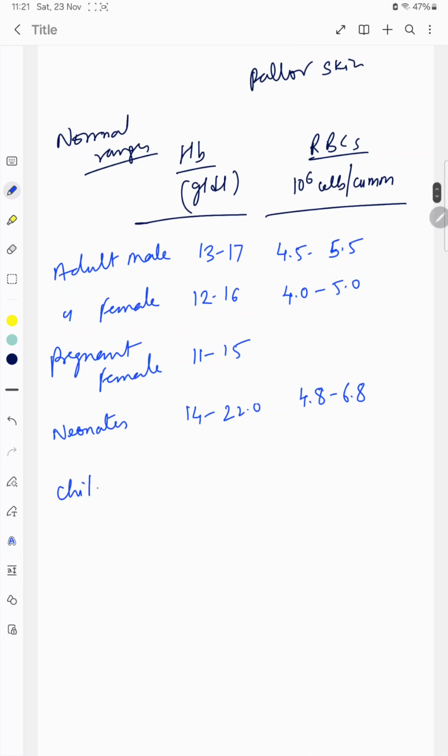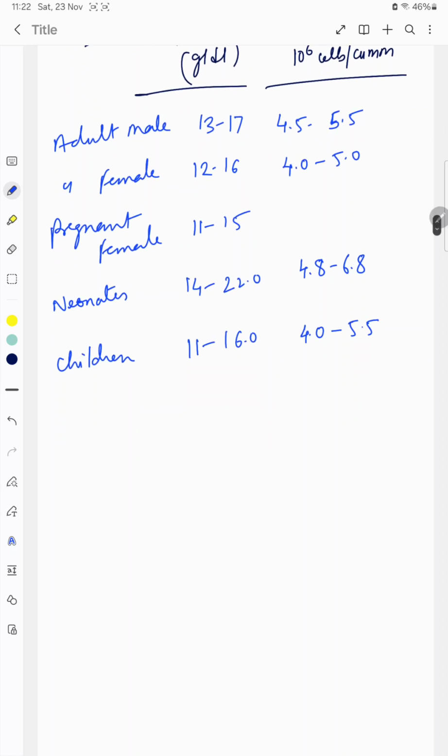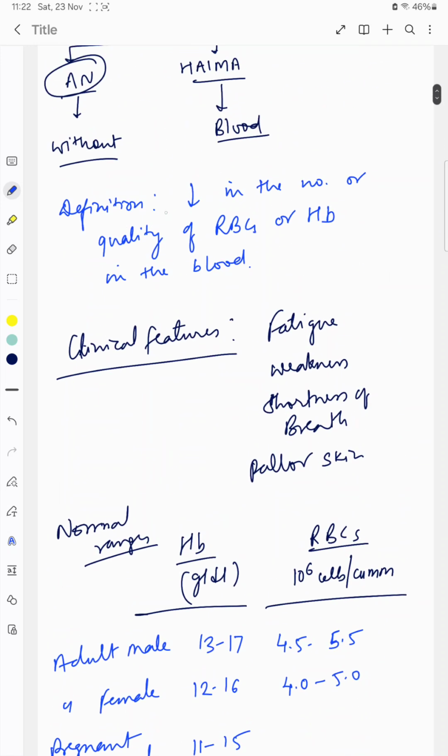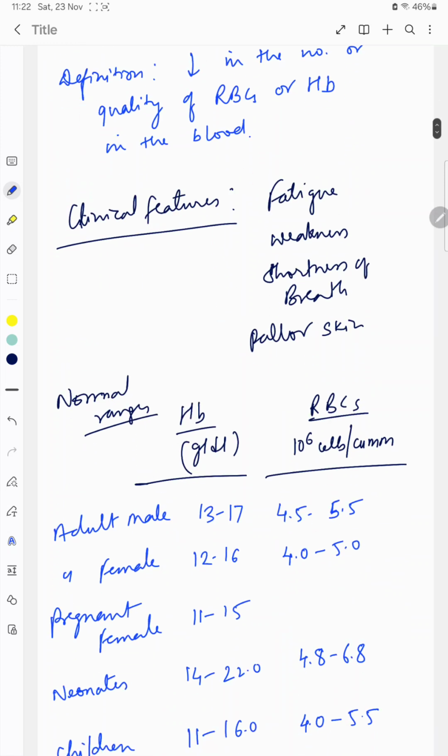And in children, normal hemoglobin concentration varies from 11 to 16 gram per deciliter, and RBC count between 4 to 5.5 million cells per cubic mm. So anything below the lower normal limit of the hemoglobin concentration or RBC count comes under the anemia. As the definition says, decrease in number or quality of RBC or hemoglobin in the blood is known as anemia.